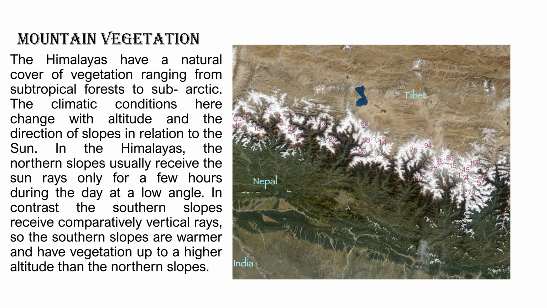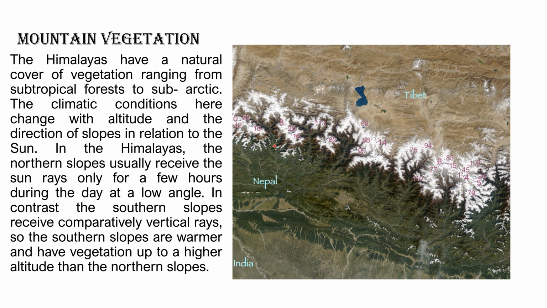Mountain vegetation. The Himalayas have a natural cover of vegetation ranging from subtropical to subarctic. The climate conditions change with altitude and the direction of the slope of the Himalayas.